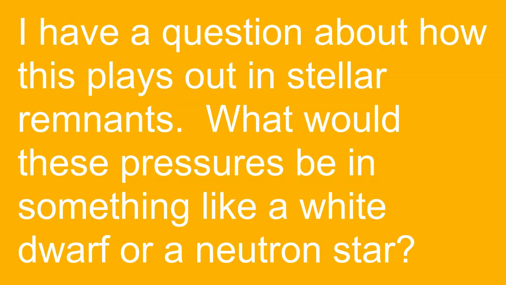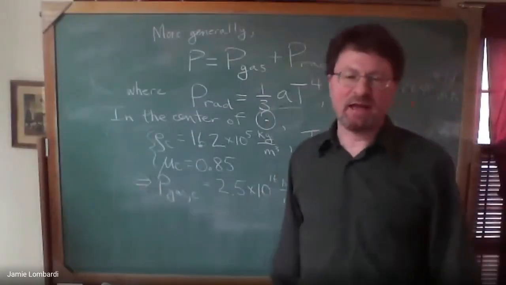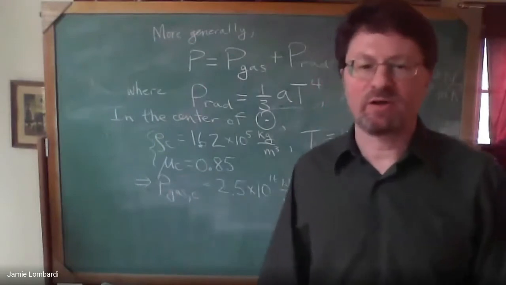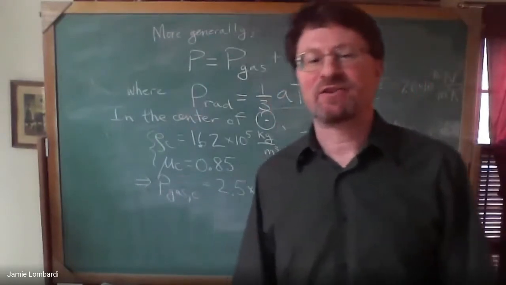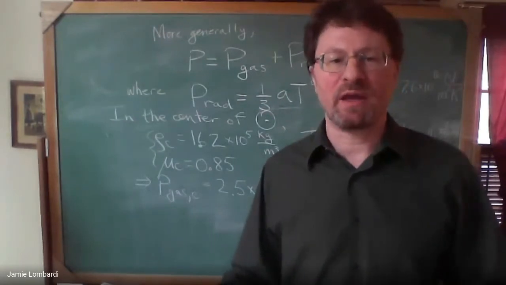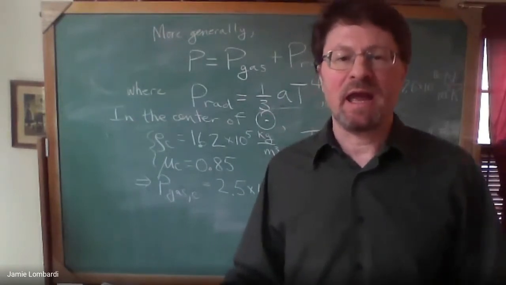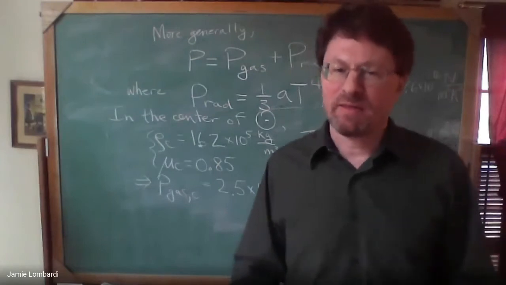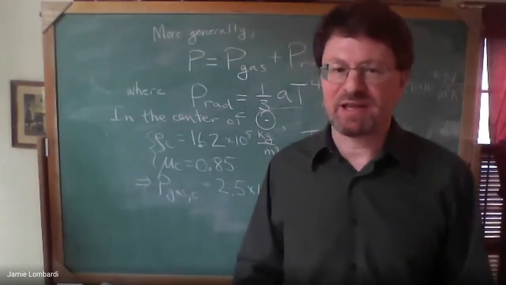I have a question about how this plays out in stellar remnants. What would these pressures be in something like a white dwarf or a neutron star? Right. So wonderful question. And neither of these are important in a white dwarf. It turns out to be electron degeneracy pressure, which is the most important thing in a white dwarf. And in a neutron star, they have very complicated equations of state.